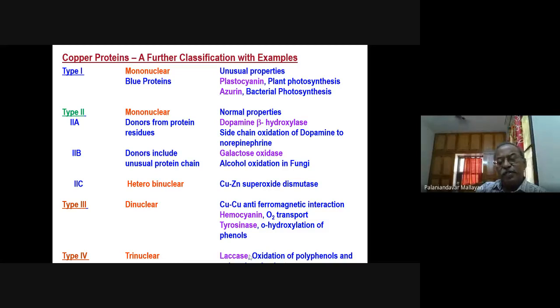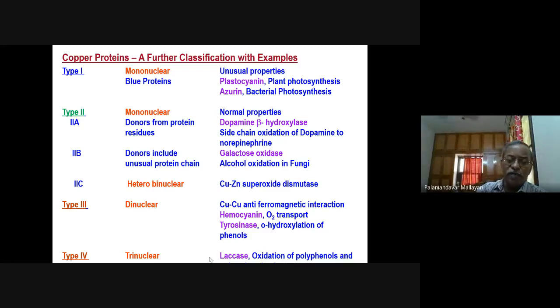In addition to ascorbate oxidase enzyme, we also have a very interesting laccase enzyme. Laccase is involved in oxidation of polyphenols and polyamines in plants. This laccase has very good biotechnological applications.